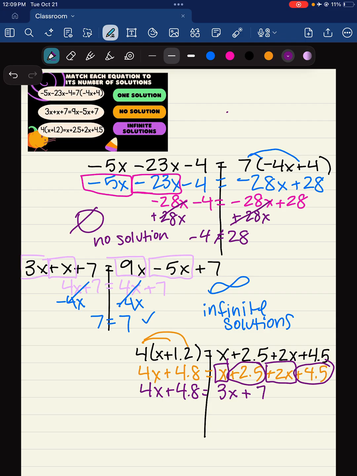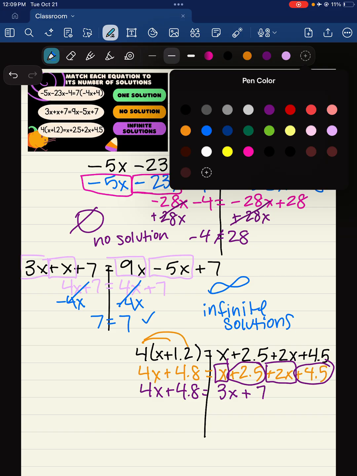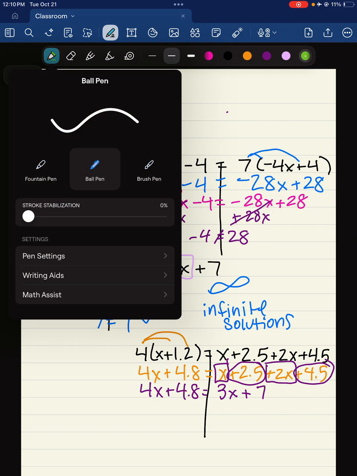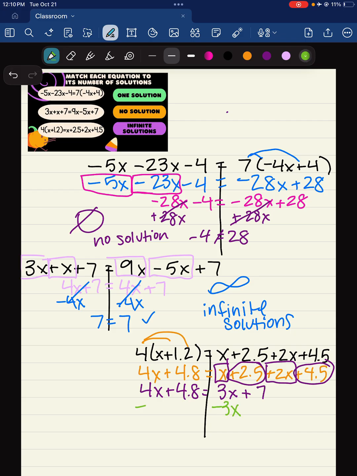So let's now check. We are going to subtract 3x on both sides. That cancels. So 4x minus 3x is x plus 4.8 equals 7.